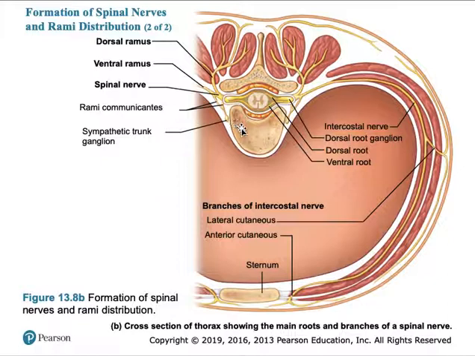And you can see here the actual vertebrae, all right, and then the actual details of the spinal cord right here. So you can see the dorsal and the ventral.